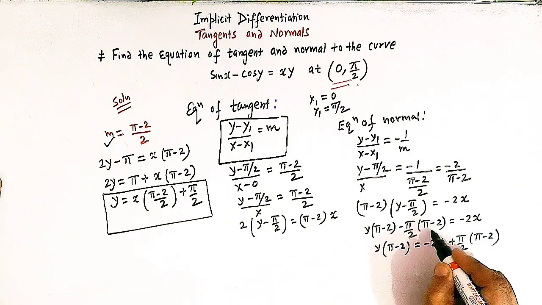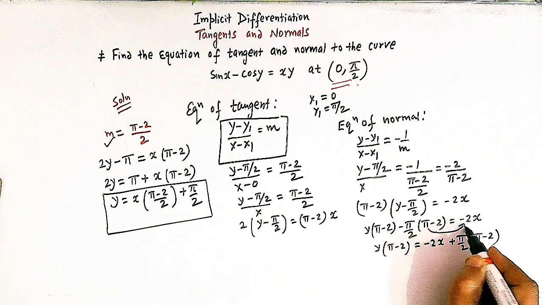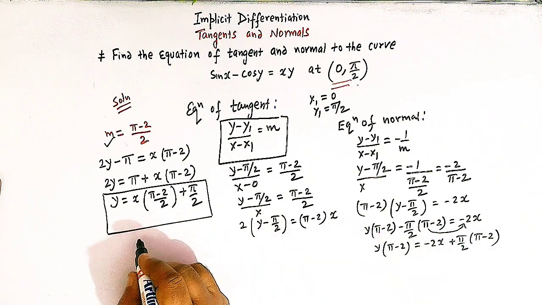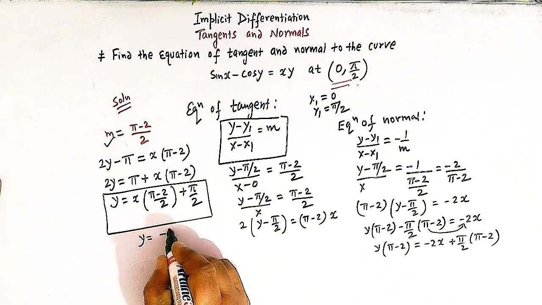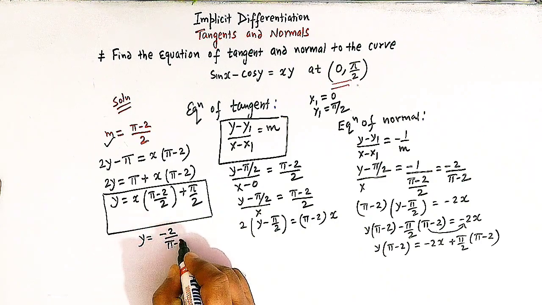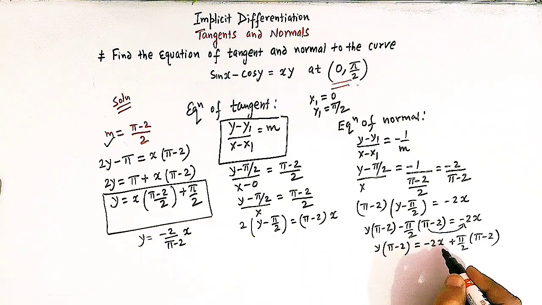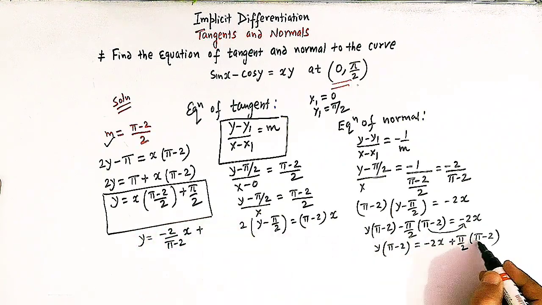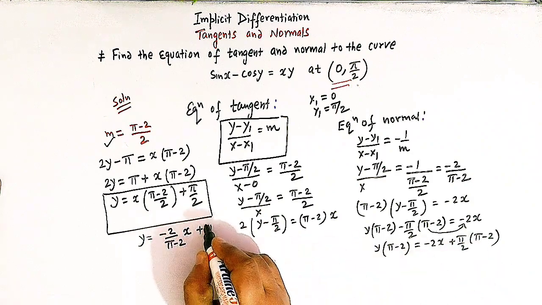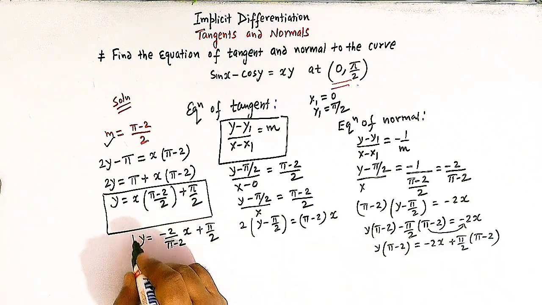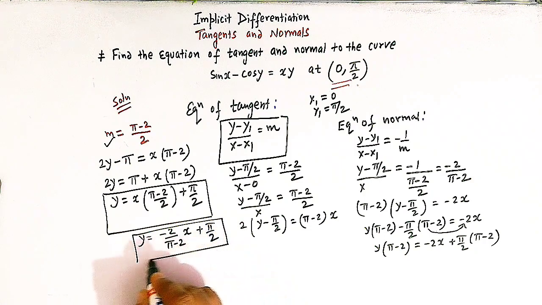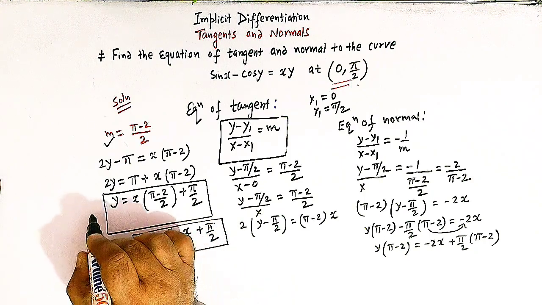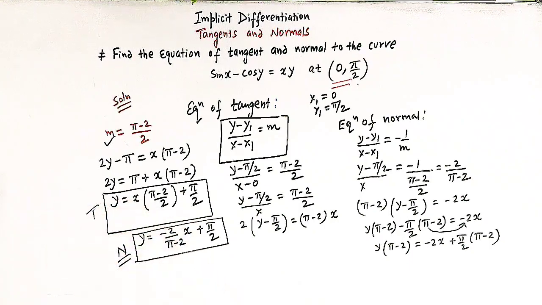So taking this term to the right hand side, now dividing both sides by pi minus 2, we have y is equal to minus 2 over pi minus 2 times x, and here pi minus 2 gets cancelled, so we are left with only pi by 2, right? So this is the required equation of the normal, and this is the equation of tangent.